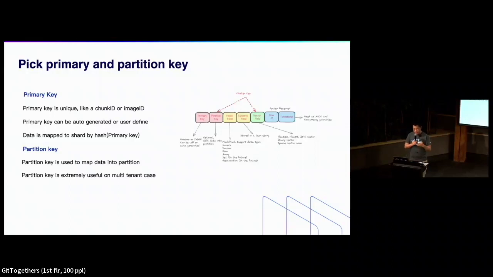One for sure is going to be your payload. You have fixed fields, you have dynamic fields. One definitely for sure is going to be a vector field, because a VectorDB must have a vector in it. And you also have some system fields, which have your timestamp, your row IDs. It's pretty similar to what a database should have. And the most important part will be primary key and partition key.